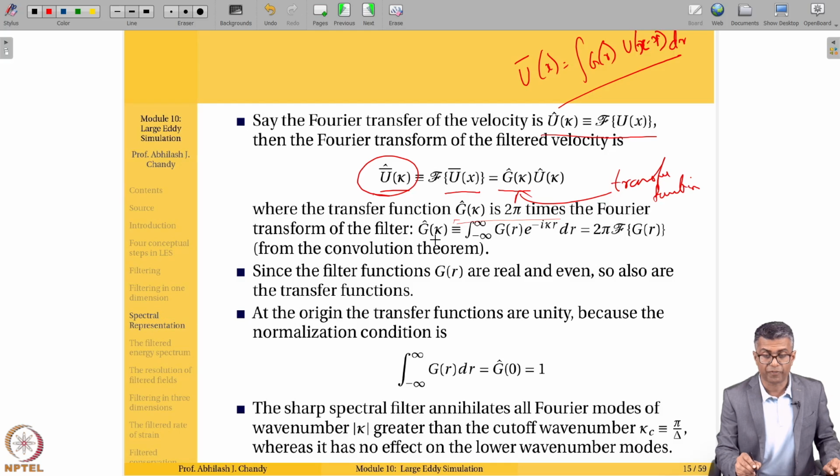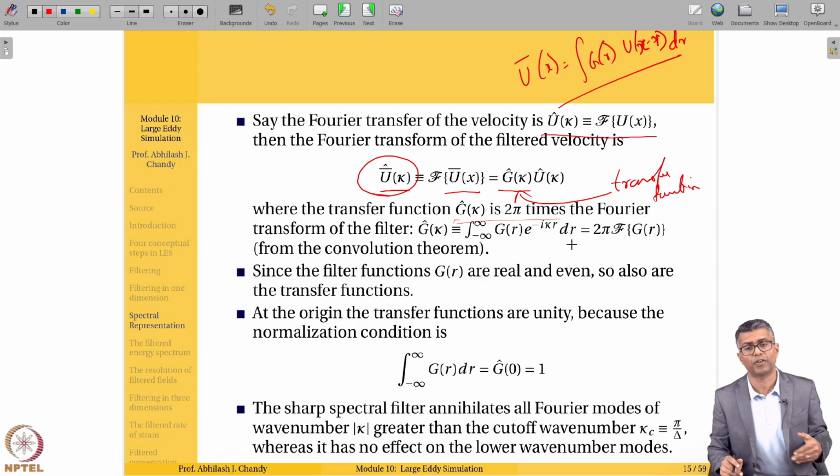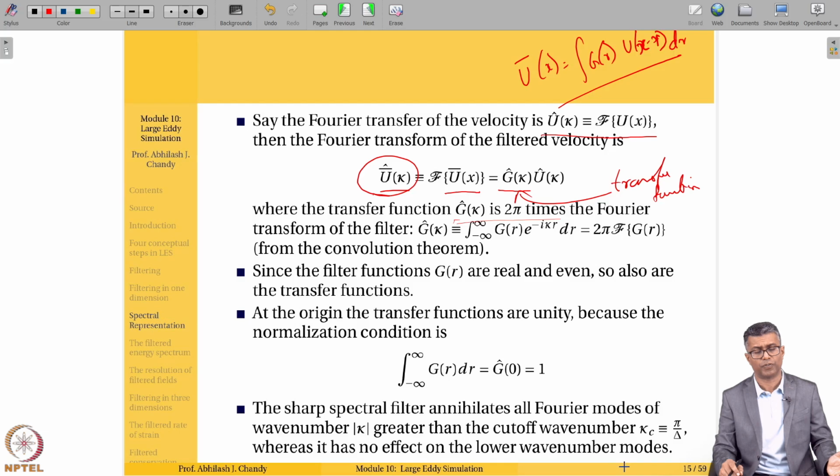So g hat of kappa is the integral from minus infinity to infinity of g of r e to the minus i kappa r dr. That is 2 pi times the Fourier transform of g of r. So essentially the transfer function is the Fourier transform of the filter function.